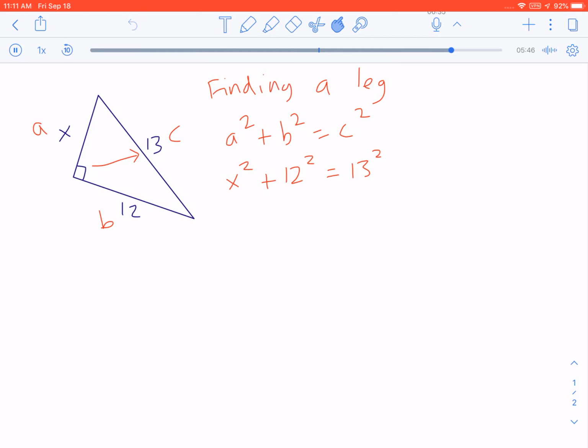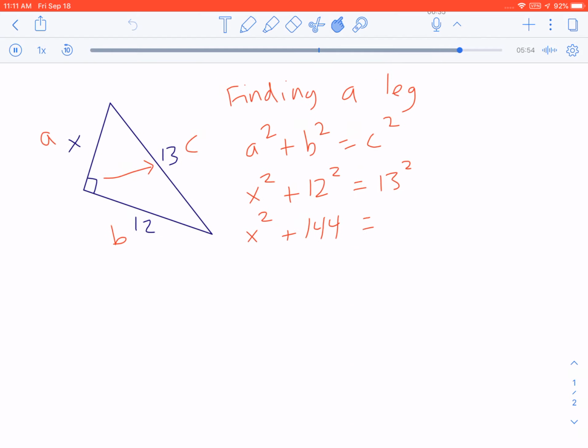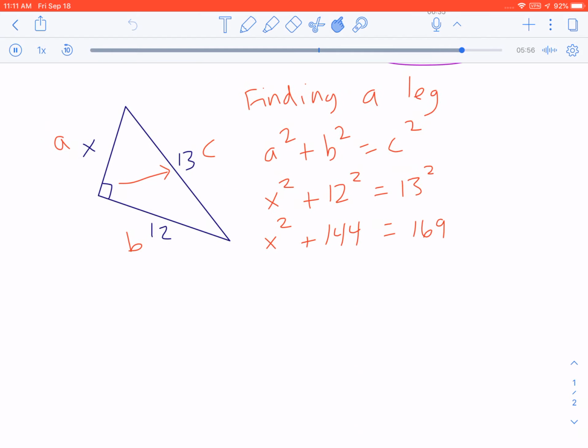At this point, this just becomes an algebra problem that we can solve. 12 squared is 144. 13 squared is 169. In order to get x by itself, we are going to subtract 144, which gives us x squared equals 25.